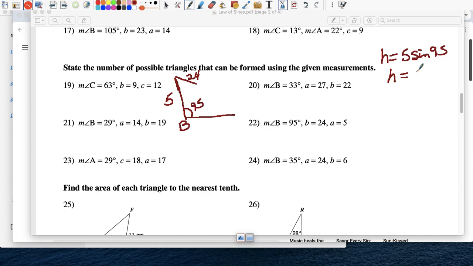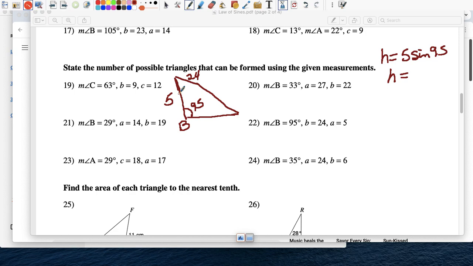But I feel like I'm doing something wrong. This would be 24, this would be 5, 5 sine of 95.